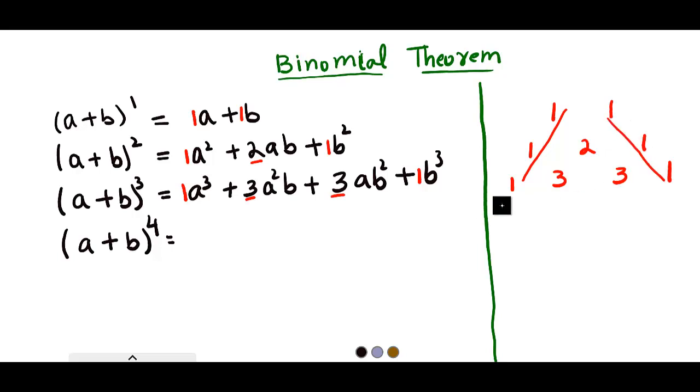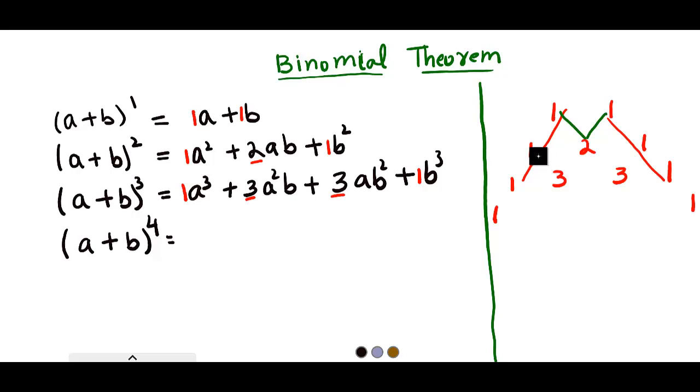So in the next expansion, the first number will also be 1 and the last number will also be 1. For the middle numbers, if you look at the pattern, in the second term the numbers are 1 2 1. So first is 1 and last is 1, and the middle term is actually the sum of the upper two terms. 1 plus 1 is 2.